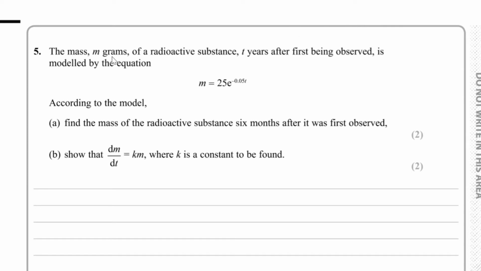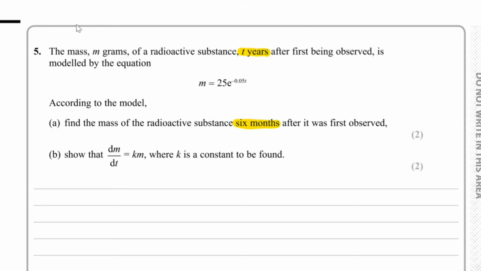Question number 5. The mass m grams of a radioactive substance 2 years after first being observed is modelled by the equation m equals 25e to the minus 0.05t. According to the model, we have to find the mass of the radioactive substance 6 months after it was first observed. Well, what you'd find is t is given in years, and we are finding the mass 6 months after it was first observed.